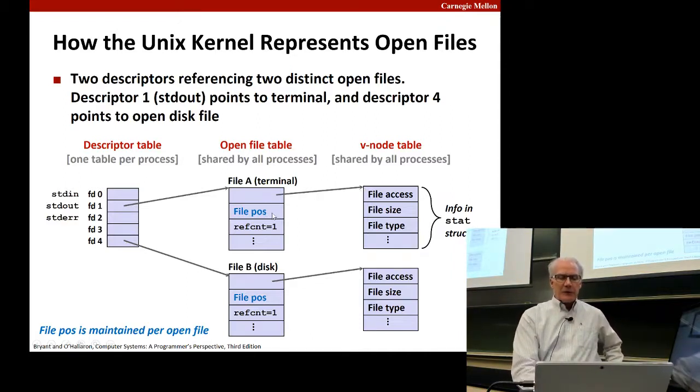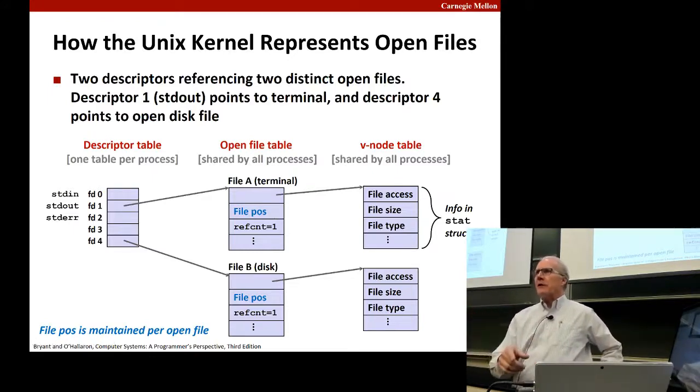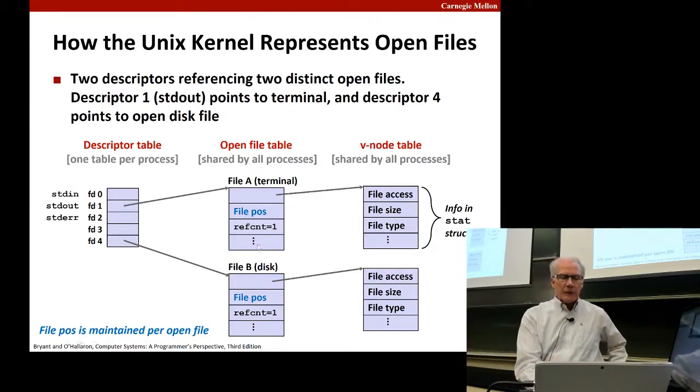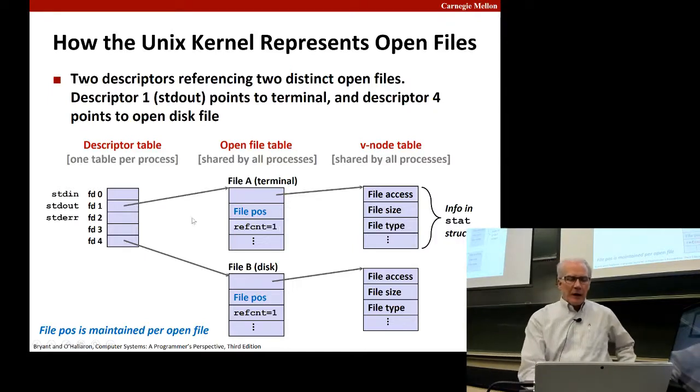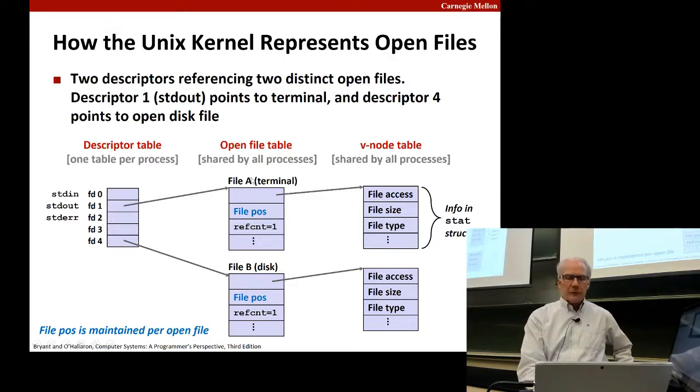But it will also contain a record of the current position in that file for reads and writes that I mentioned at the beginning. It also has something called a reference count, which is simply how many file descriptors are pointing to this particular record.